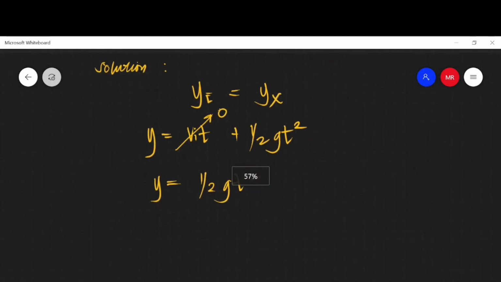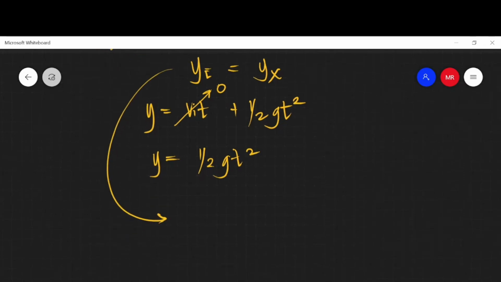Now following our first equation that y sub E is equal to y sub X, now we can substitute this equation.